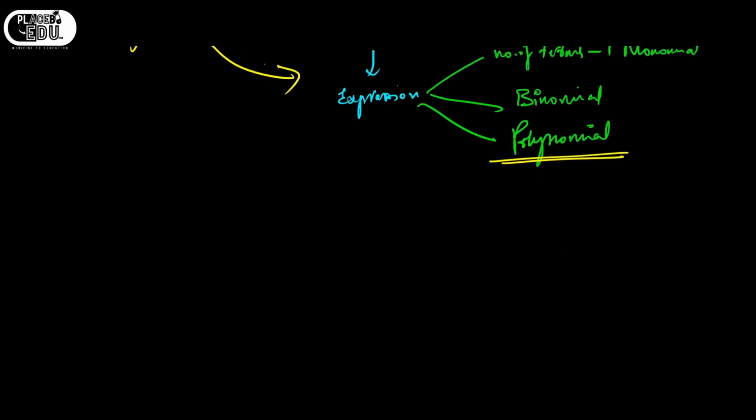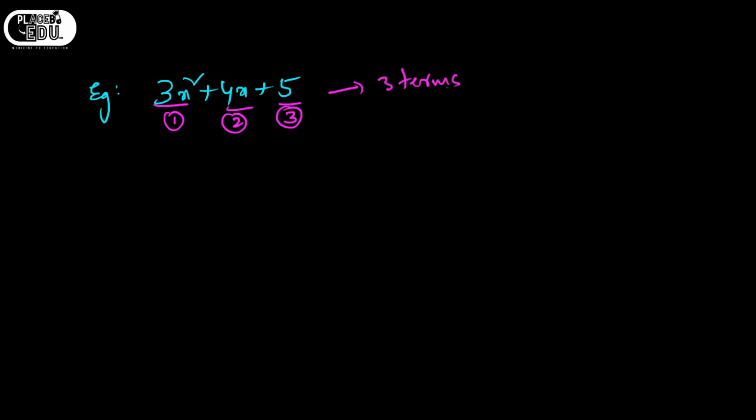Those parts I am going to tell you. For example, consider 3x square plus 4x plus 5. This is a polynomial because this is one term, this is the second term, and this is the third term. So we have 3 terms in this expression. So it is known as a polynomial because it is greater than 2.